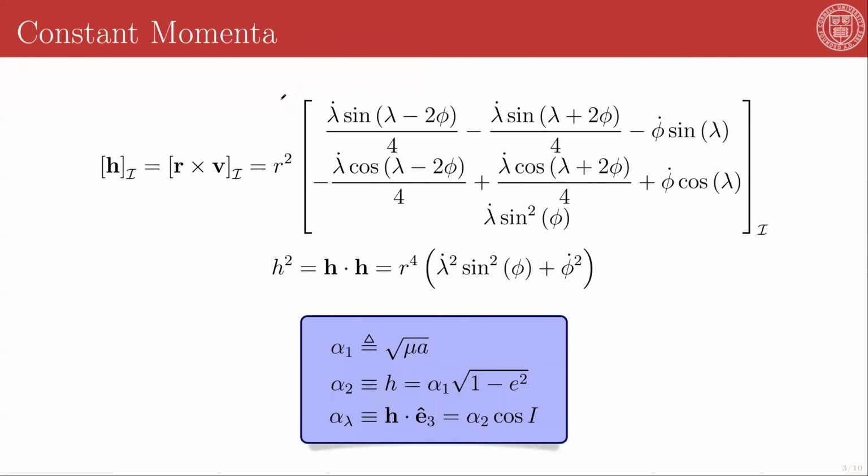If we again look at the angular momentum expression, we notice that r squared lambda dot sine squared phi is exactly the third component of the specific angular momentum in our original inertial frame. And so what that means is that alpha lambda, the third conserved quantity here, is the projection of h onto the E3 direction, which, given our geometry, is alpha 2, the magnitude of h, times the cosine of the inclination of our orbit.